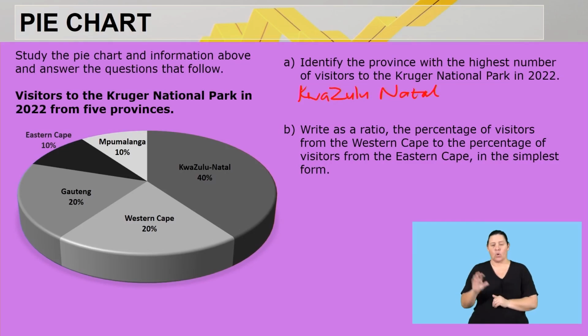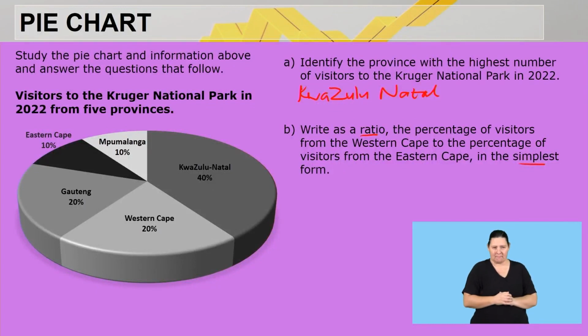Okay, then question B. Write as a ratio the percentage of visitors from the Western Cape to the percentage of visitors from the Eastern Cape in its simplest form. All right, so it must be a ratio and it must be in simplest form. With a ratio, as you know, order is very important. So first it says visitors from Western Cape.